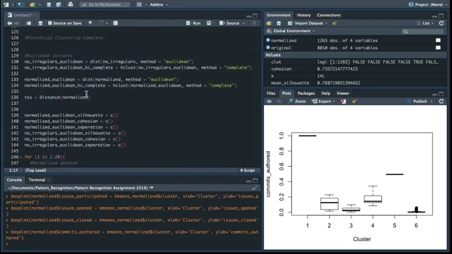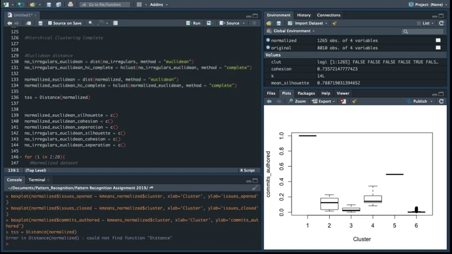Actually, I'm pretty sure. Yeah, it is right there. And we count the Euclidean distance for both data sets that we're interested in. We just stopped being interested in the original data set, so we're not going to work with the original one.